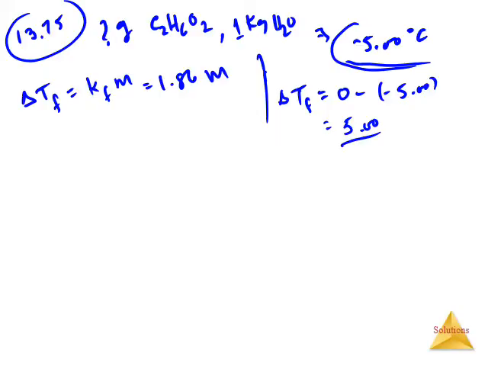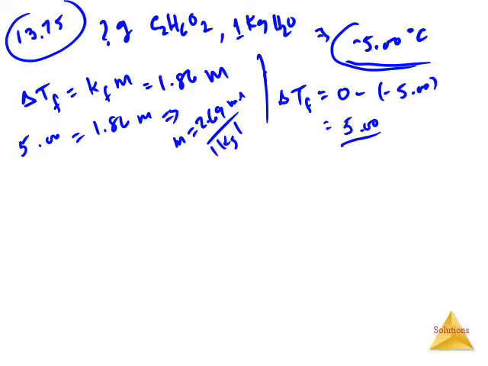Okay, now we got this delta T is now 5. So let's plug in that number here. 5.00 equals 1.86 m, and I can calculate the molality, which equals 2.69 moles per kilogram H2O.